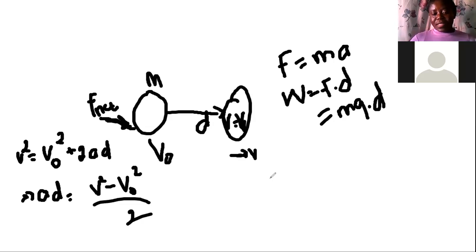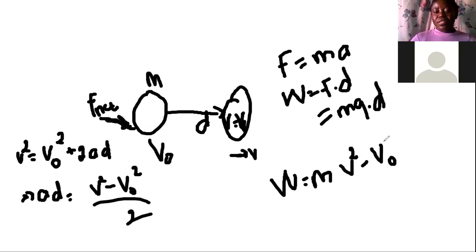So it means that the work done on the object in motion is related to the mass of the object in motion times what? Times its final velocity squared minus its initial velocity squared, divided by 2.